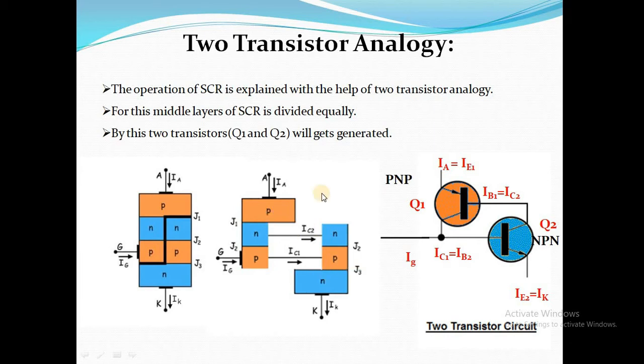This layer diagram is represented symbolically using two transistors: the first transistor Q1 is a PNP transistor and the second is an NPN transistor. As seen here, the outer P layer has the terminal called the anode terminal, and at the anode terminal the current enters the layer.